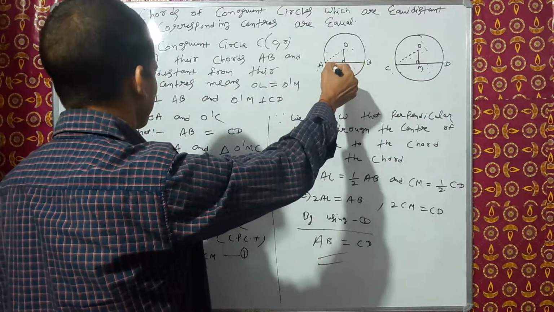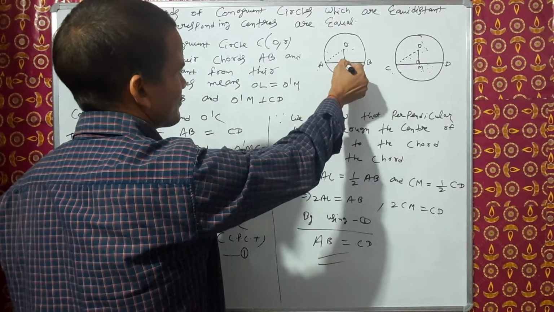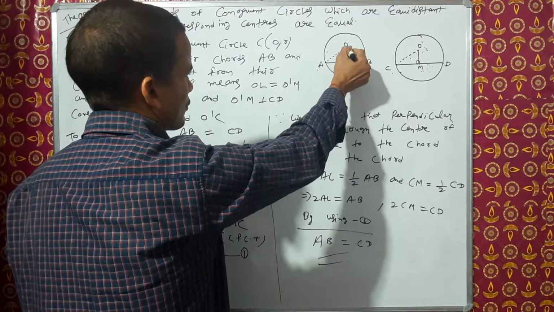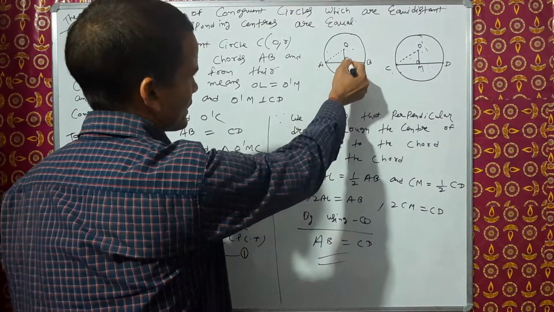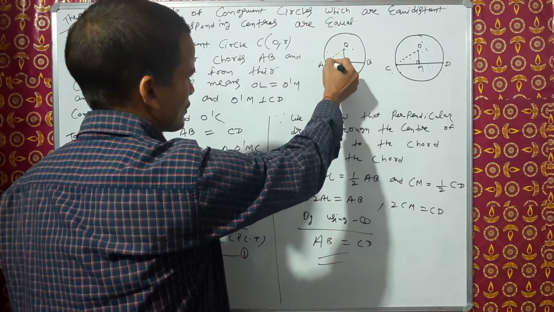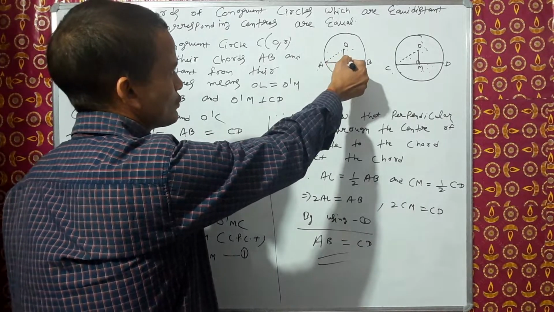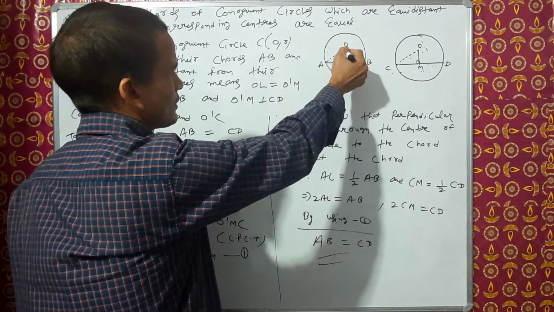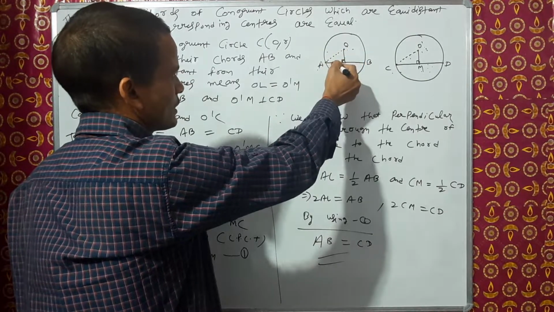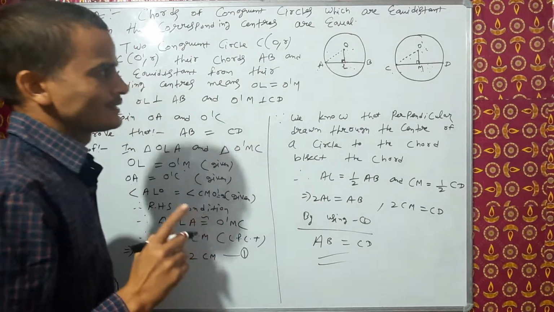In triangle OLA, it is a right angle triangle, AL is the base, OL is the perpendicular, and OA is the hypotenuse. So we use the right angle, the hypotenuse OA and side OL.